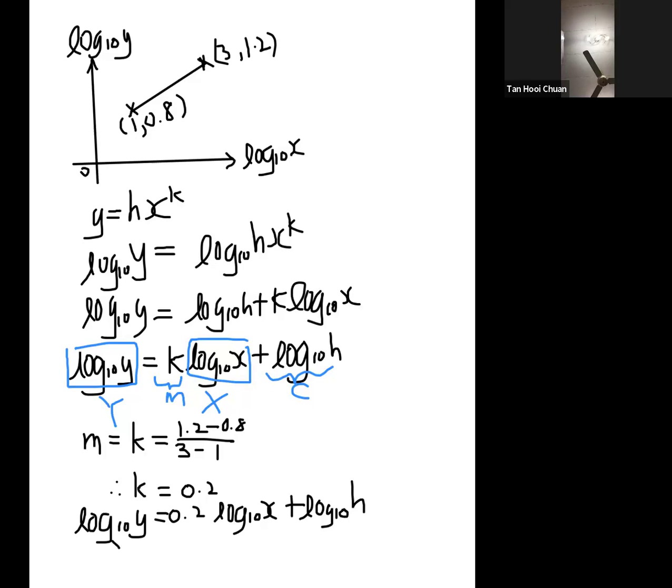Later we substitute in when log10 x equals 1, log10 y equals 0.8.